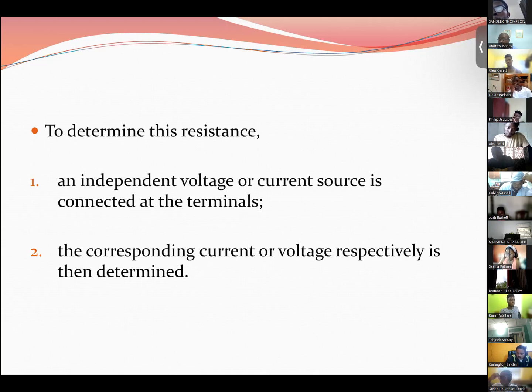So you decide the magnitude of the source, and then you find the corresponding current or voltage. So note the combinations: if you attach a voltage source, you find the current. If you attach a current source, you find the voltage.